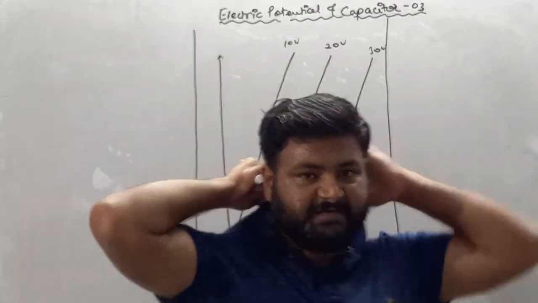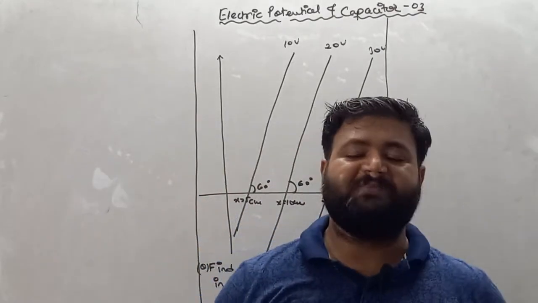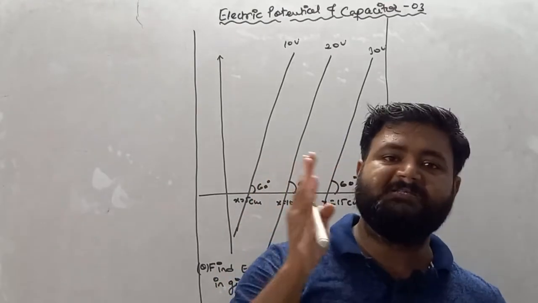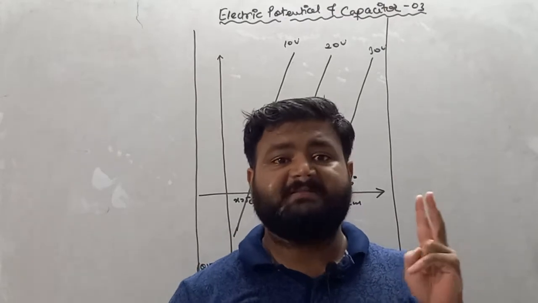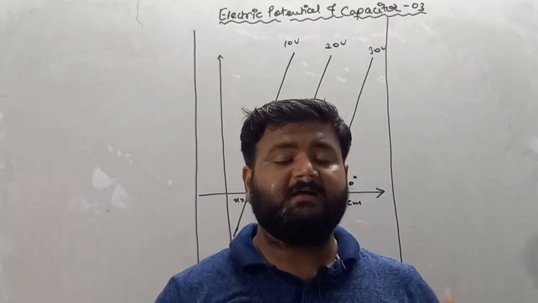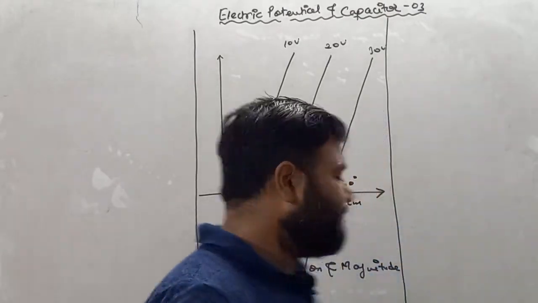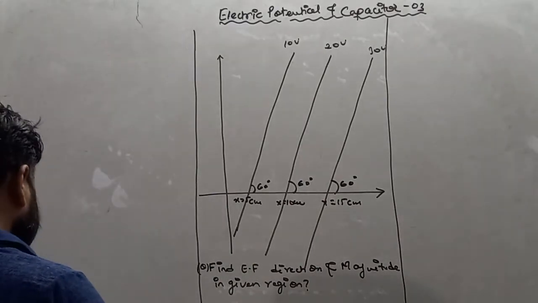First thing, electric field is always from higher potential to lower potential. And second thing, if the surface is plane, then the direction of electric field is always perpendicular to the equipotential surface.